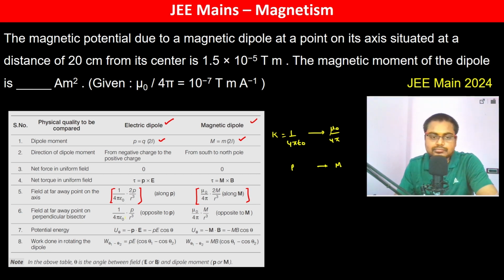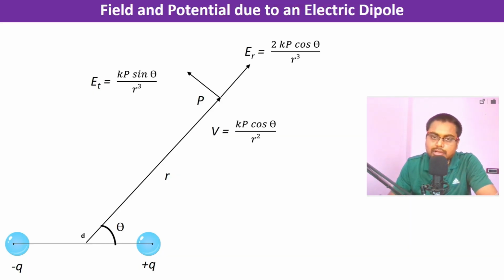Okay, since all of us have a better idea of the electric dipole, it is better if we can compare both of them together, and we can see very clearly here also that the same thing is happening. P gets replaced by M. So now we go to the formula of potential due to an electric dipole. It's Kp cos theta by r square.